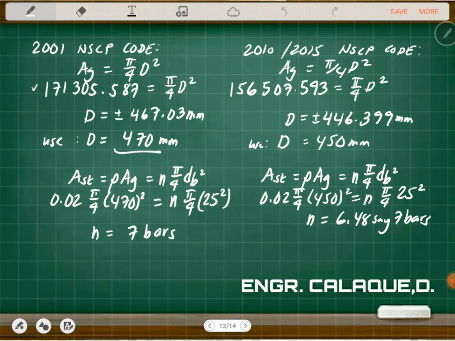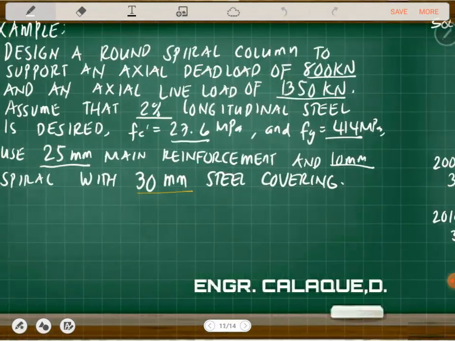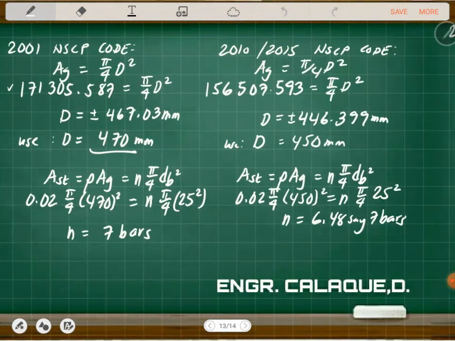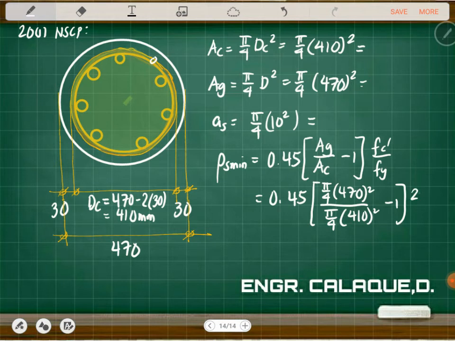The fc' is given, 27.6, all over the fy of 414. The answer is 0.00942.